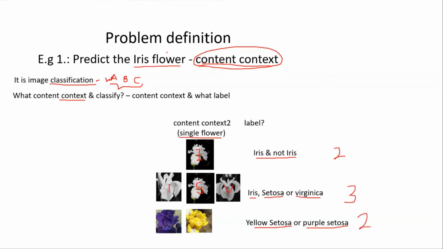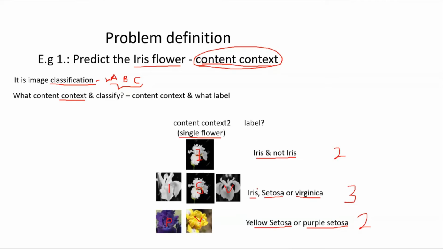And again, problem elimination is very important. This is yellow setosa, and this is purple setosa. So you only predict these two. Any flower that is yellow setosa, that's what we want to recognize. Any iris flower that is purple setosa, that is what we want to recognize.